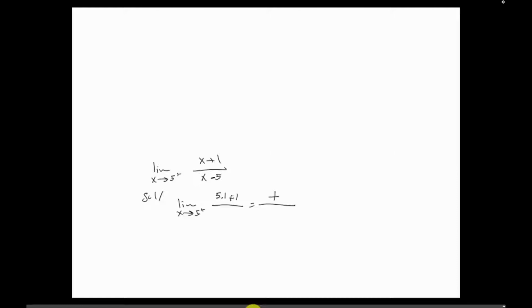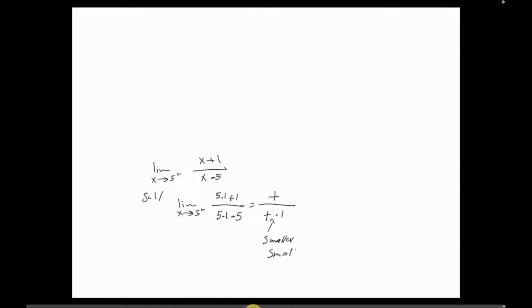And regarding the bottom, let's substitute 5.1 and substitute 5 over here. As you guys see, we're going to get a very small number, which is 0.1, positive also. And the closer I get to 5, the smaller this number becomes.